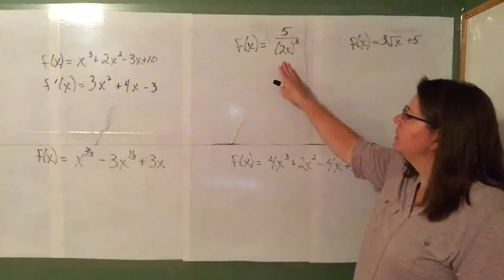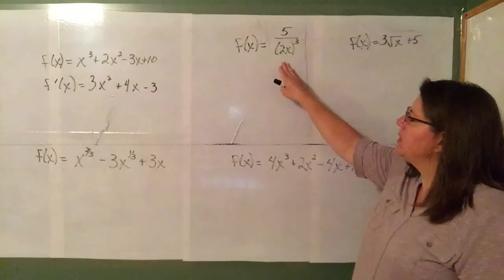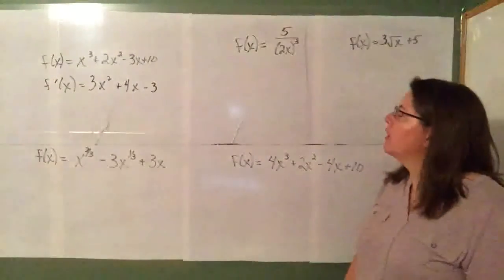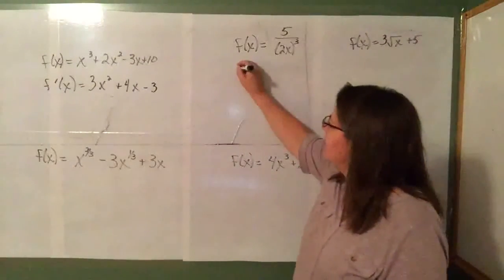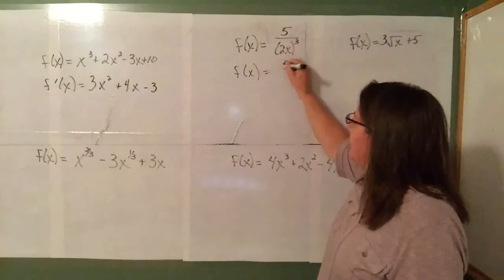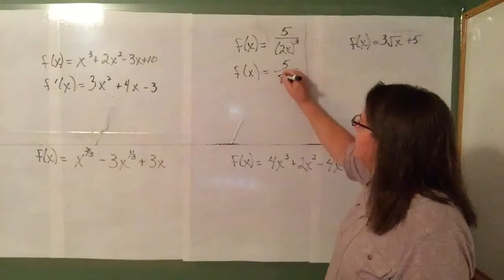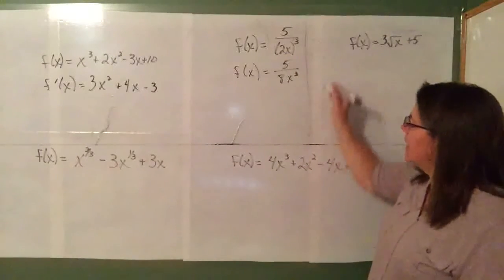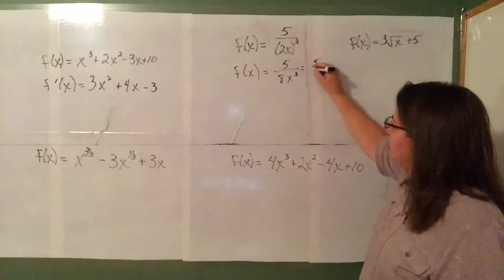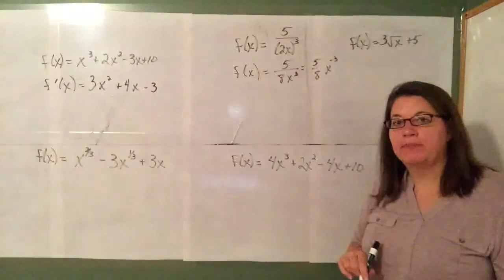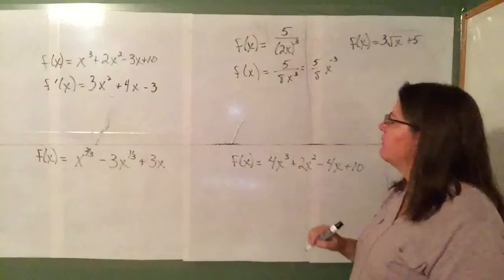In this one, the first thing I'm going to do is the math of that monomial on the bottom. So if you look at that, I'm going to go ahead and say that that is 5 over 8x cubed. And if that's the case, then isn't that 5/8 times x to the negative 3? And so then I can take the derivative of what I've got left.